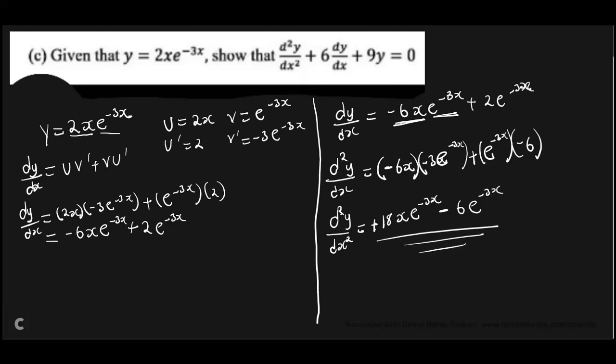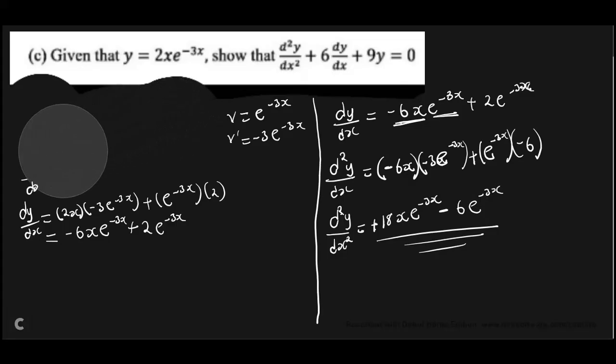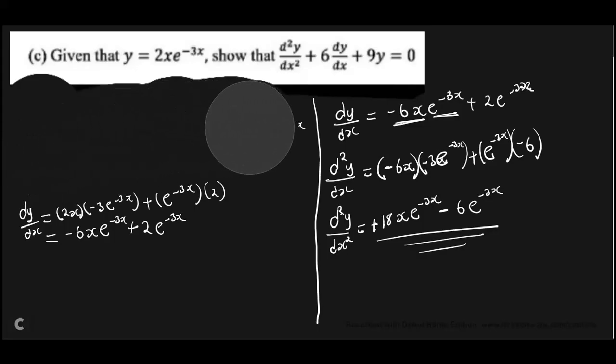So here you have the first derivative and the second derivative, right? Since we have both, meaning that it will be very easy now. So what's your first derivative? Your first derivative, which is dy dx, here is negative 6x e to the power negative 3x plus 2e to the power negative 3x.